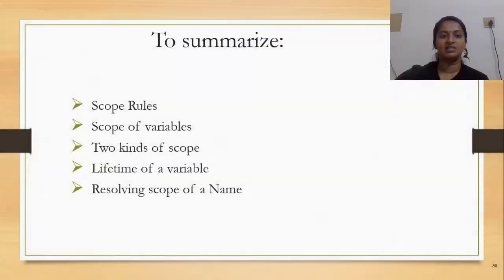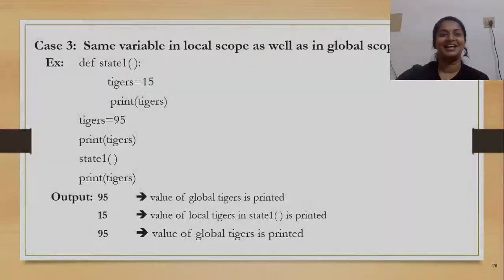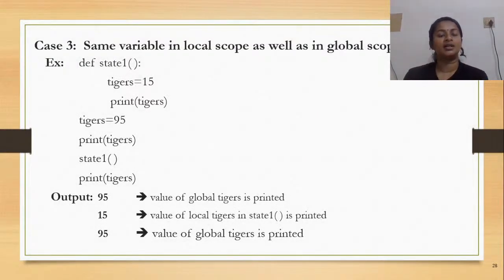So in the previous example, if you wanted the variable inside the function also to be in the global scope, you could have included the keyword global prior to the variable tigers here. Is the idea clear?